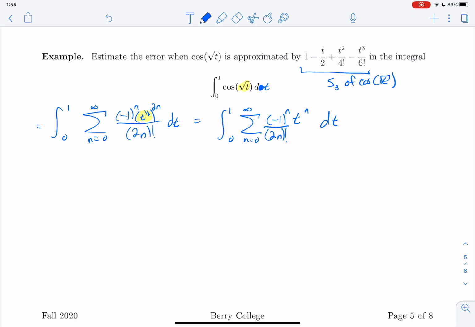And so what that means is that after I integrate this series, I'm going to get the series from n equals 0 to infinity of negative 1 to the n over 2n factorial, and then what we're going to end up getting here is an extra n plus 1 in the denominator from my integration.